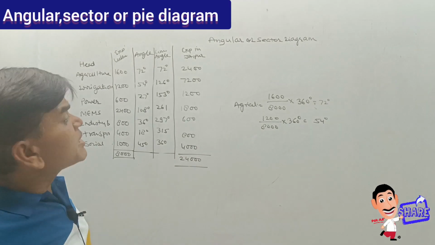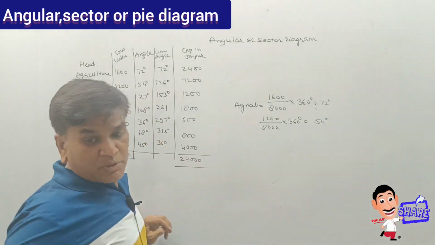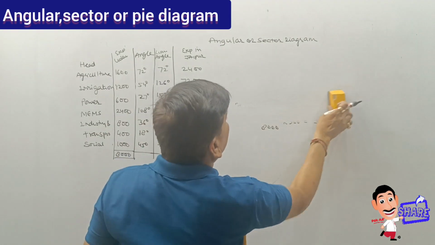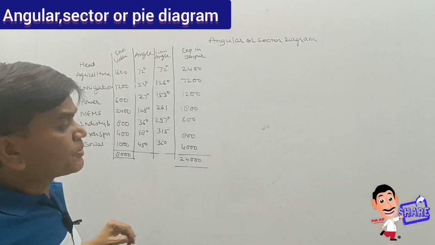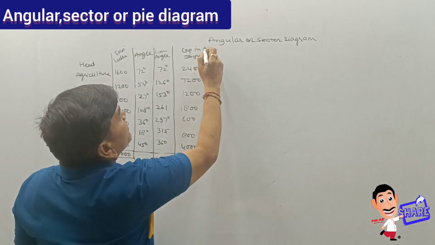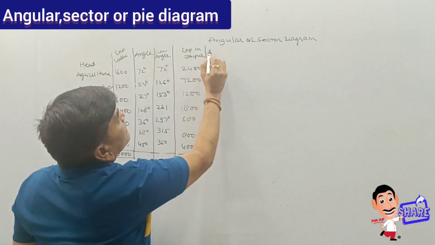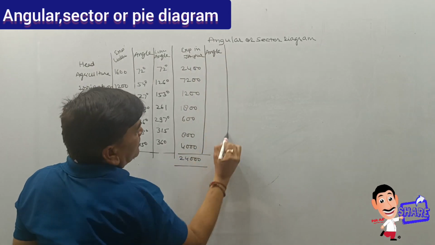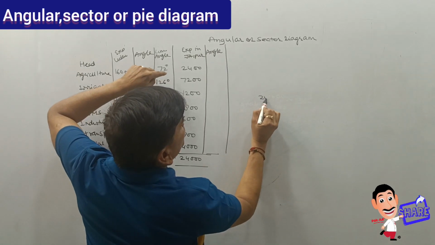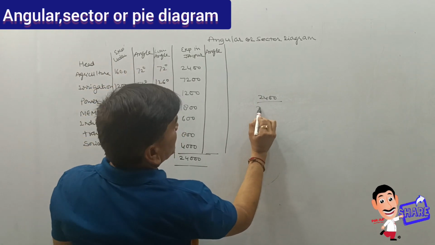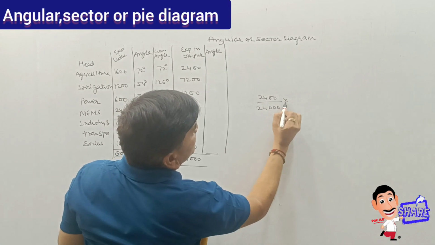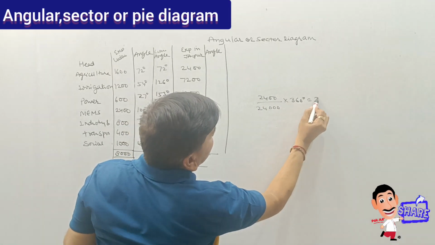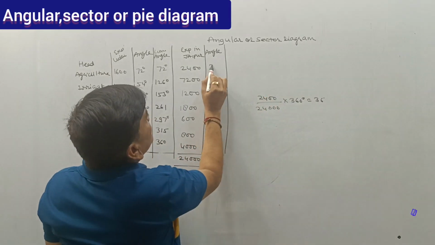Next, expenditure in Jaipur is given. Similarly we will get the angles for these. The first angle is 2400 divided by 24000 multiplied by 360, that is 36 degrees.